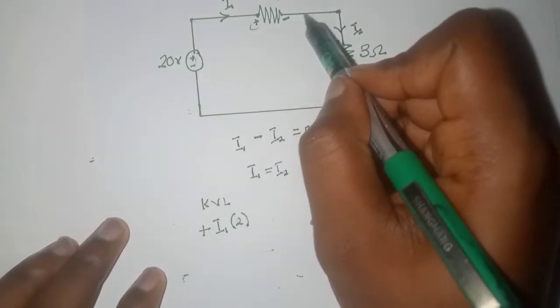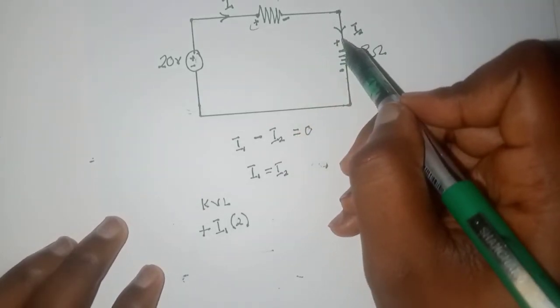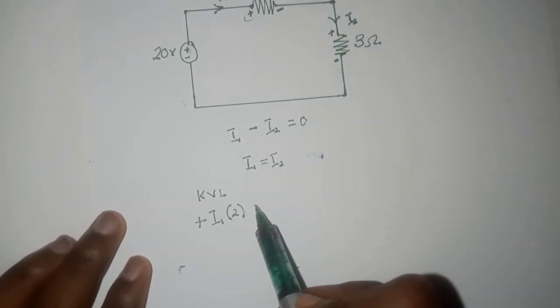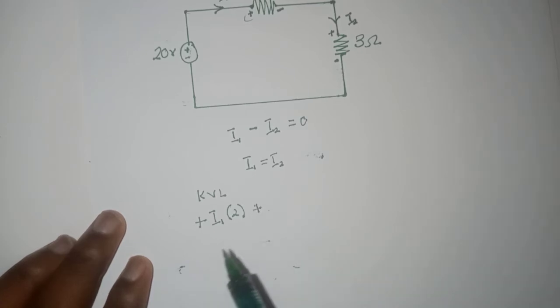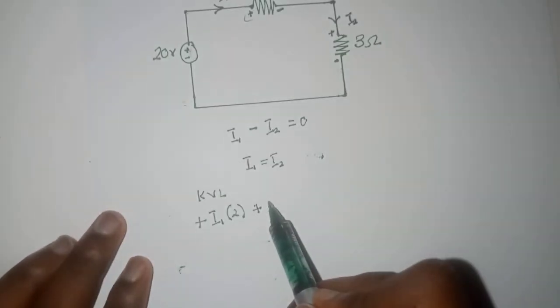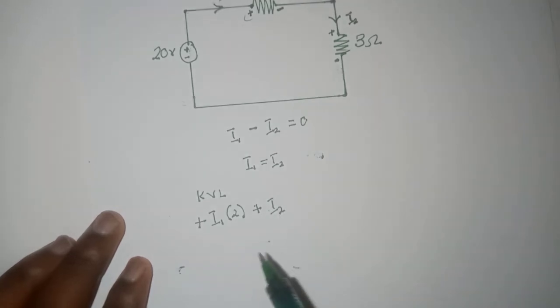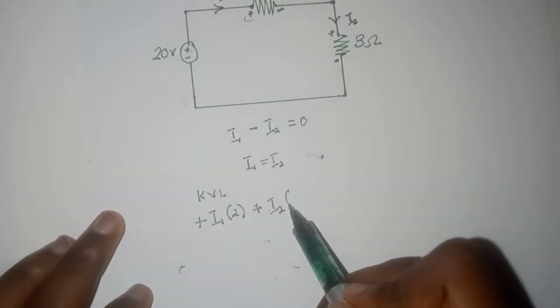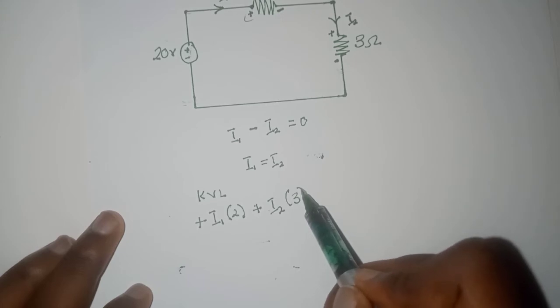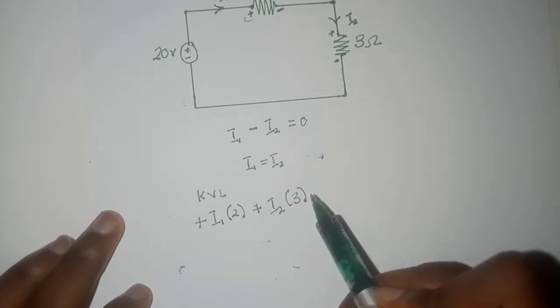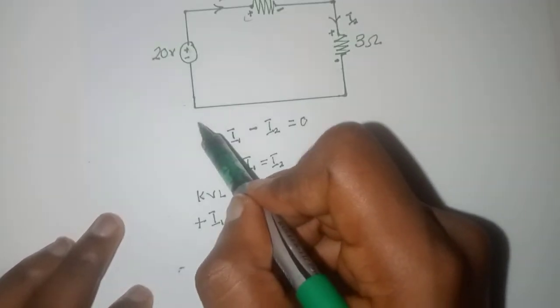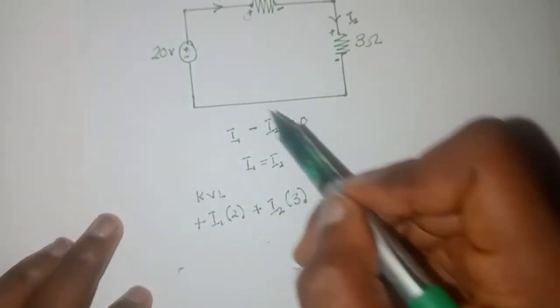Then you proceed and hit the second resistor, which is another positive I2, then 3. Then we proceed and hit the negative terminal of the battery.